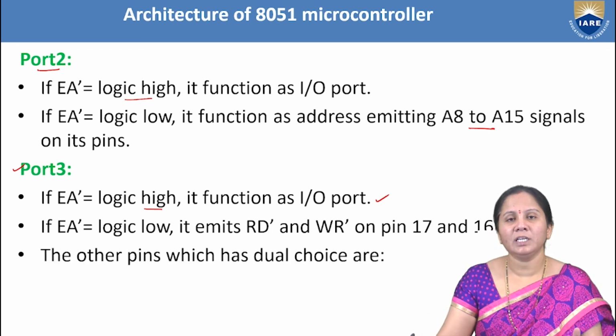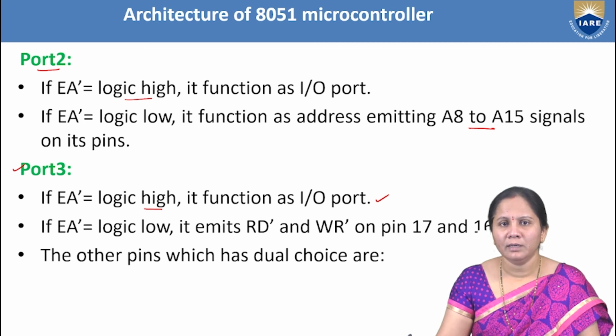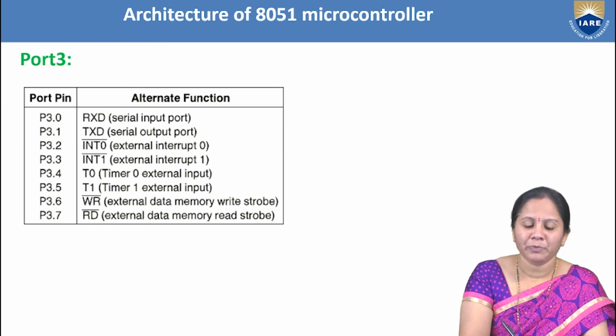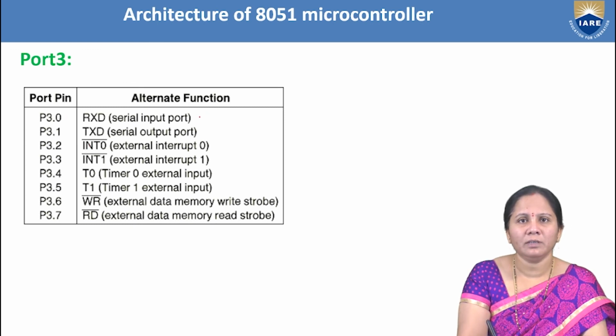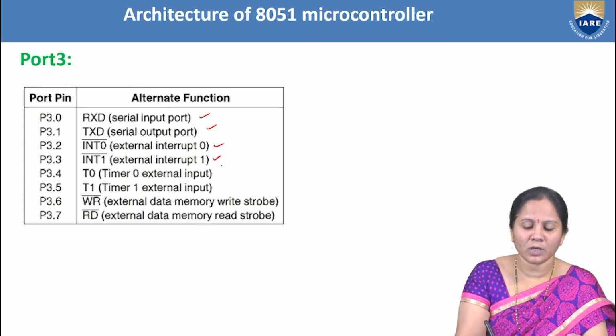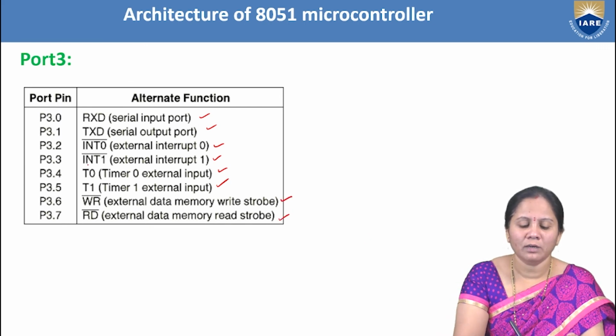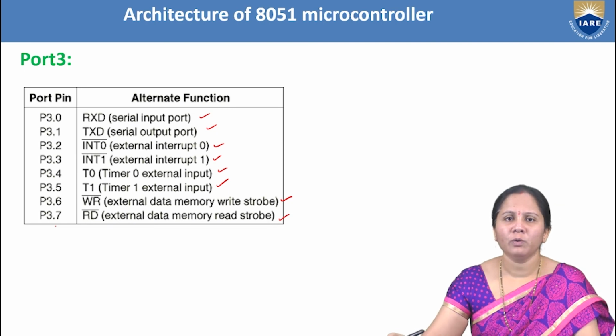So what are the other operations? It has receive data, transmit data, 2 interrupt signals, 2 timer signals, and read and write operations. These are the other operations of the port 3 pins.